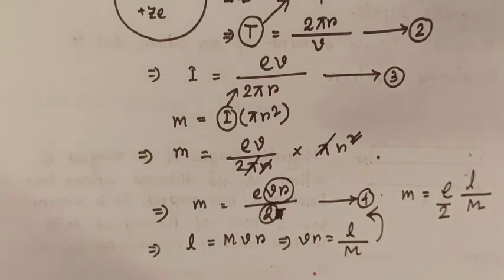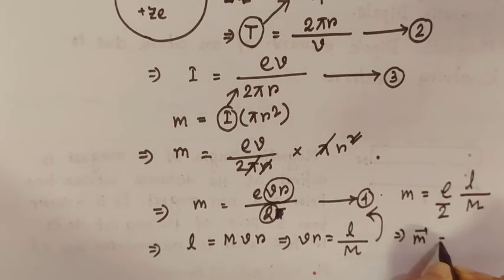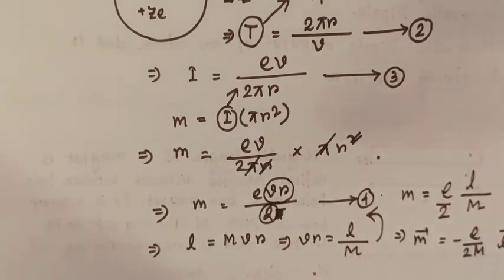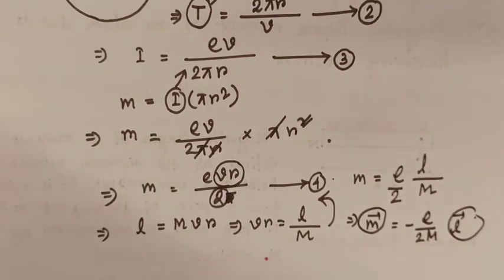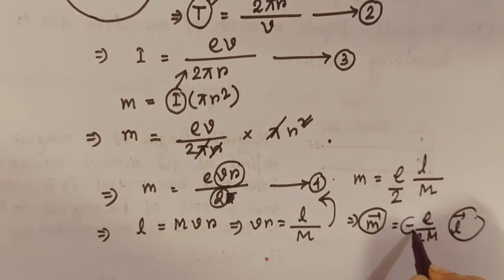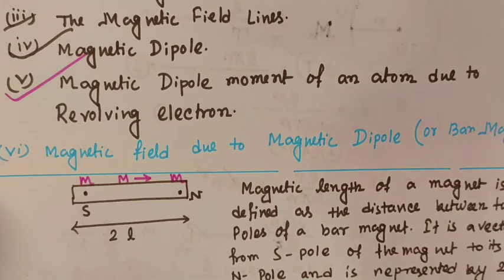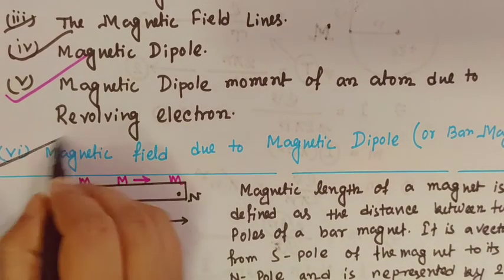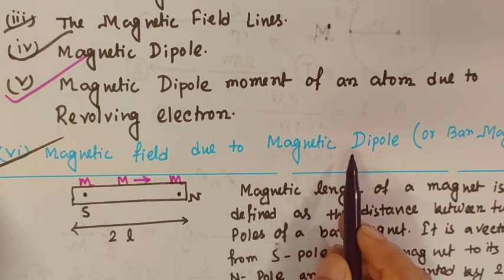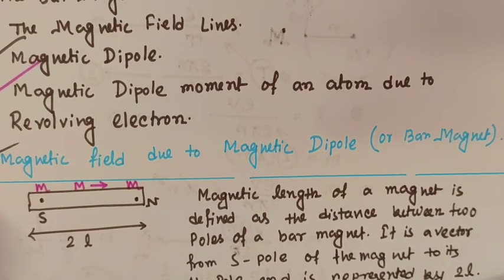So M is equal to eL by 2m, and vectorially we can write M vector is equal to minus e by 2m into L vector. The negative sign indicates that the two vectors M and L are in opposite directions. That's why we are using a negative symbol here. Clear?